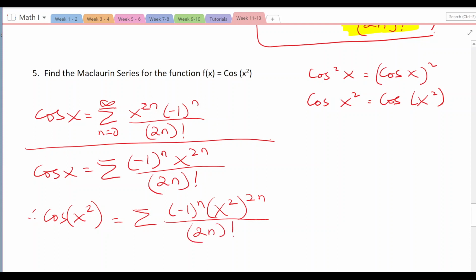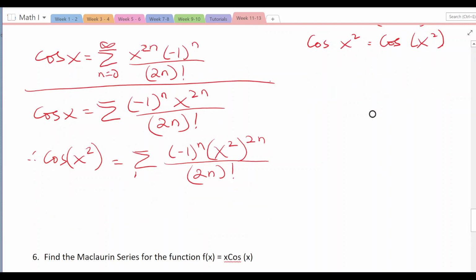Simple as that. Don't forget, n starts from 0 to infinity.